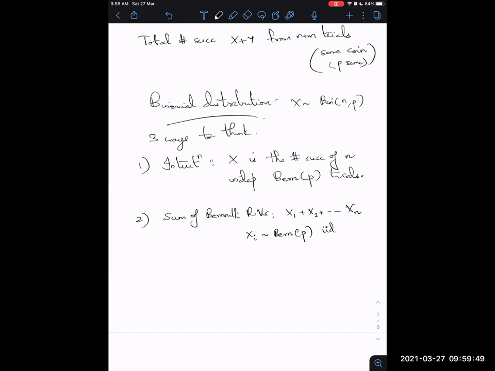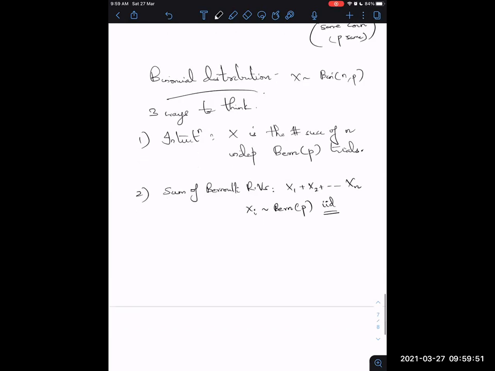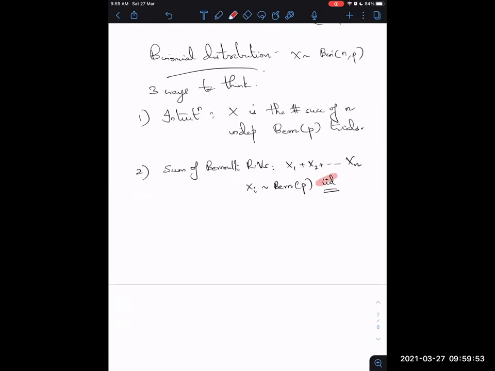And IID is an important concept. What IID means is they are independent. So x1 through xn are independent random variables. I've defined independence for you. Think about it. And they are identically distributed.